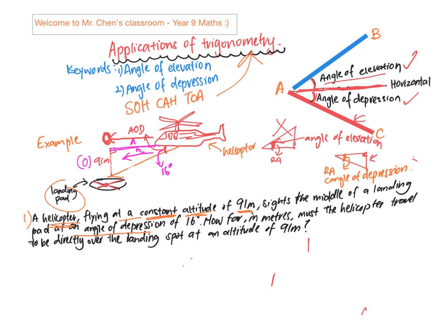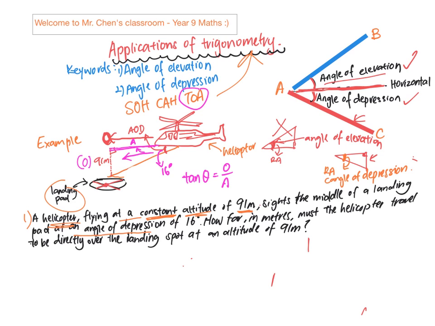With opposite and adjacent and a 16 degree angle, we will have to use TOA, which is tangent degree equal to opposite over adjacent.